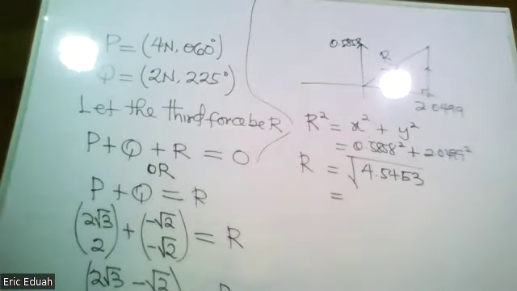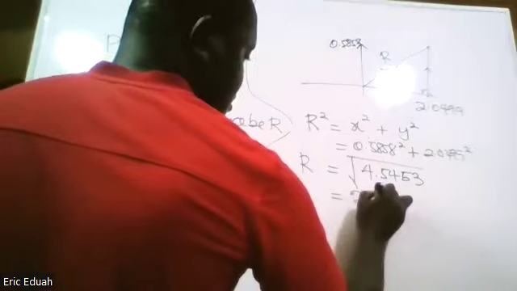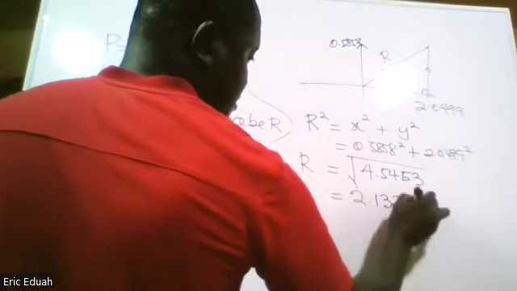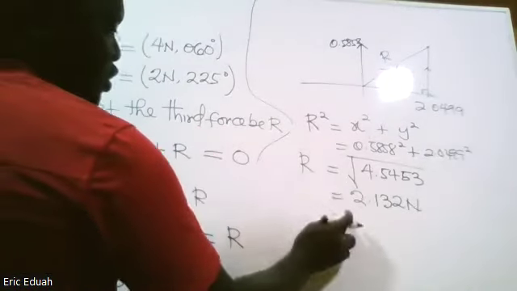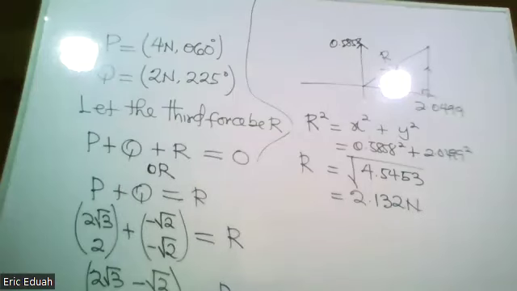And the square root of this is equal to 2.132. So this is the magnitude of the third force, which will keep the body in equilibrium. What is the direction?